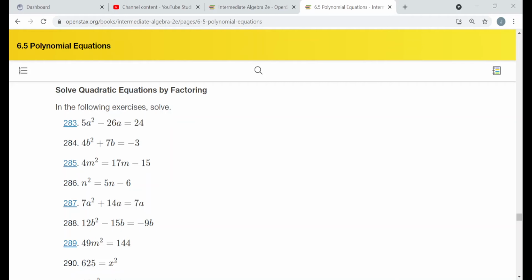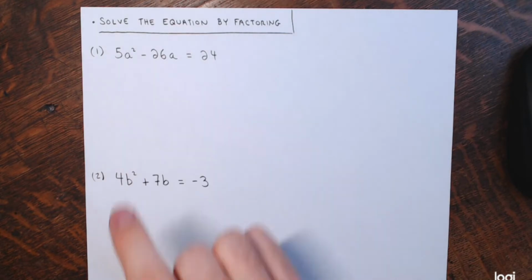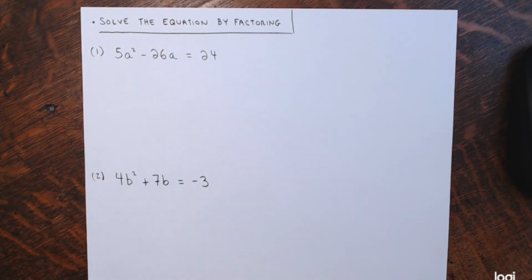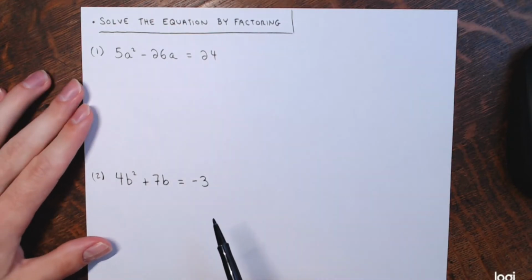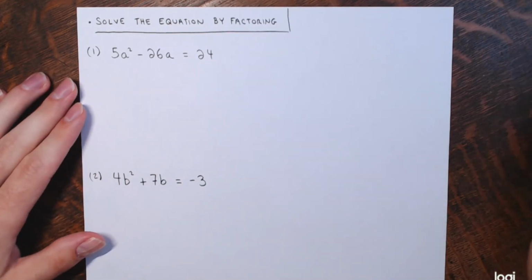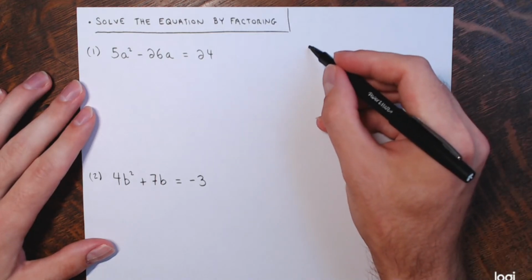Okay, so let's bring it up. This is exercise 283. I'll call it again example 1. So we're solving all these polynomial equations by factoring. So how do we do this?